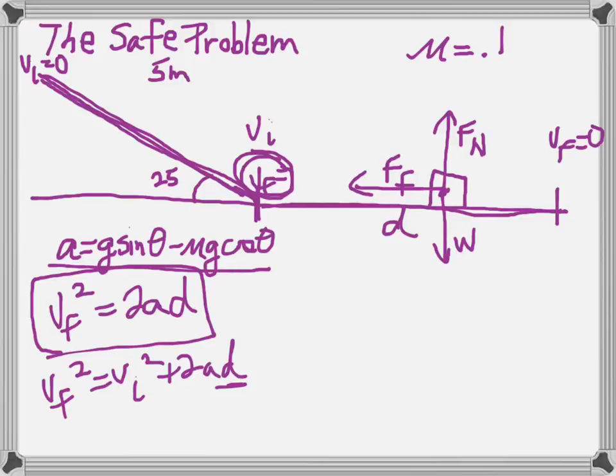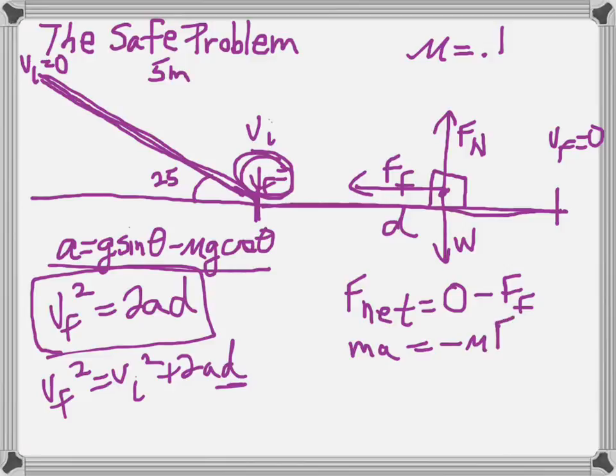So if you look at this FBD, there is a net force, right? The net force, F net, would equal any force going in the direction of motion, which we just said there is none, so zero force going to the right, minus any force going back to the left, which of course would be friction. So F net is ma, equals a negative friction, which is mu times the normal force.